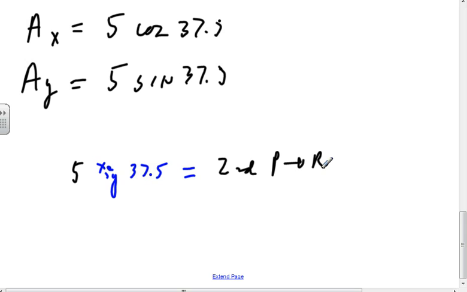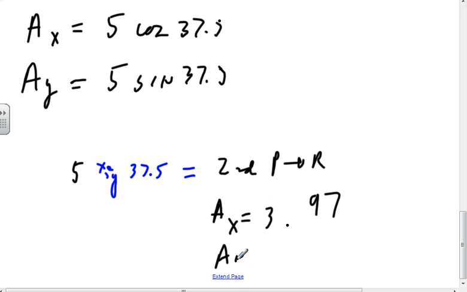5, XY key, 37.5. Second function, change to rectangular. Notice that I have a little X up there in the corner that says that's my X component. So my X component is 3.97. So that's A in the X direction.